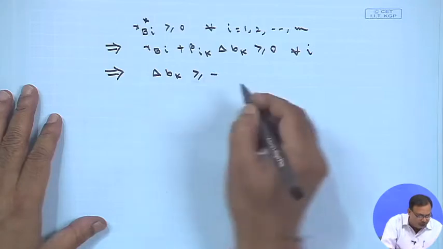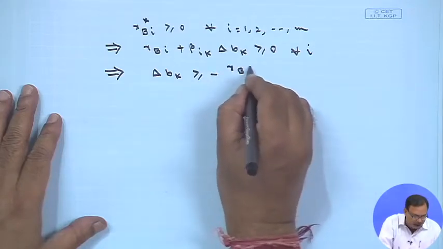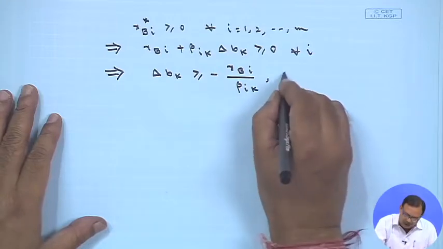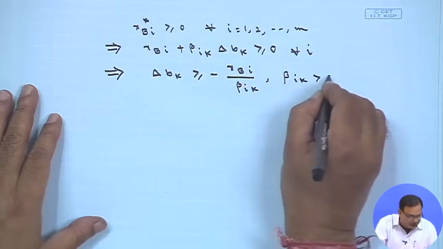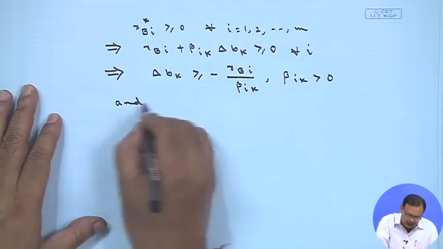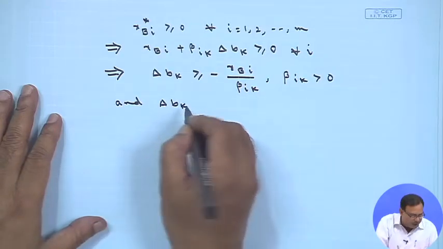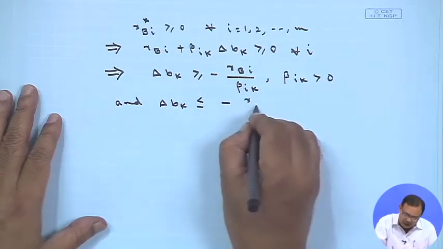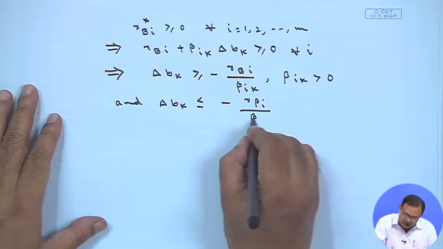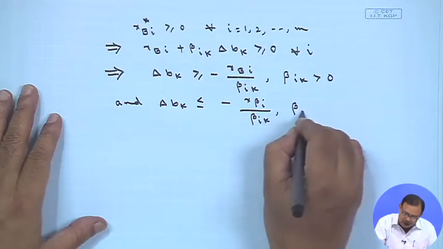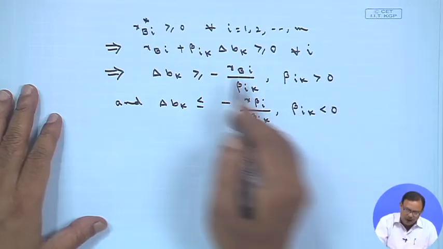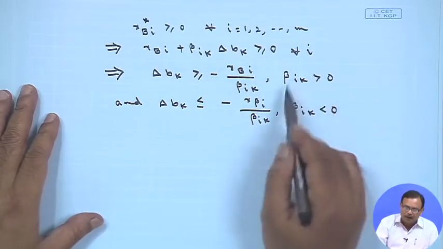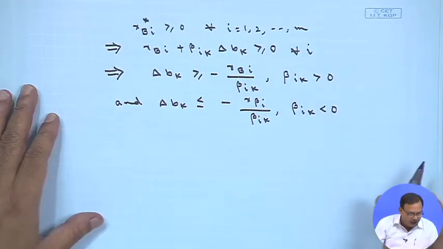delta b_k is greater than or equal to minus x_Bi by beta_ik whenever beta_ik is greater than 0, and delta b_k will be less than or equal to minus x_Bi by beta_ik whenever beta_ik is less than 0. So, from this expression I can write these two, one for beta_ik greater than 0 and one for beta_ik less than 0.